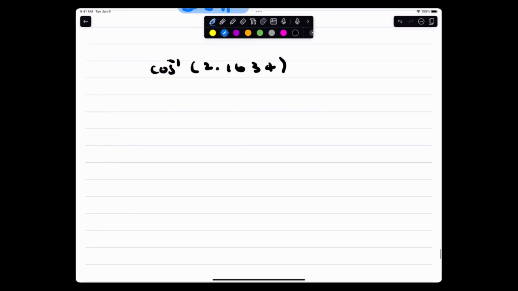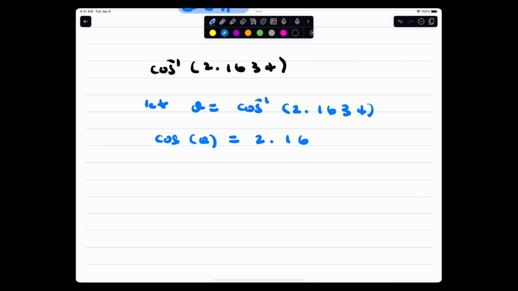How you start that is the same exact way. We say let theta be the inverse cosine of 2.1634. And so now they say, okay, cosine theta is going to be what? 2.1634.